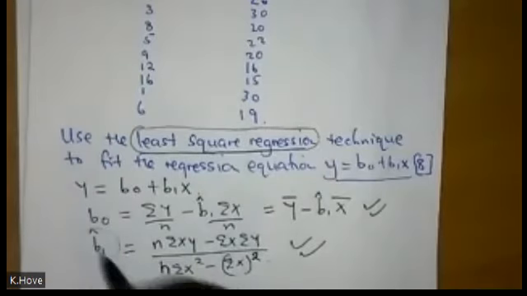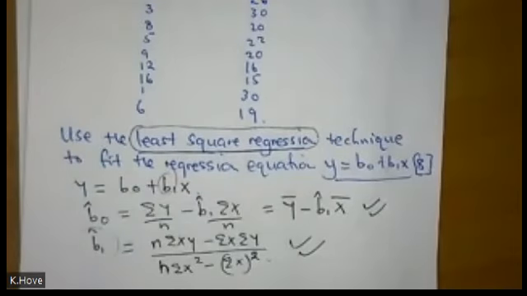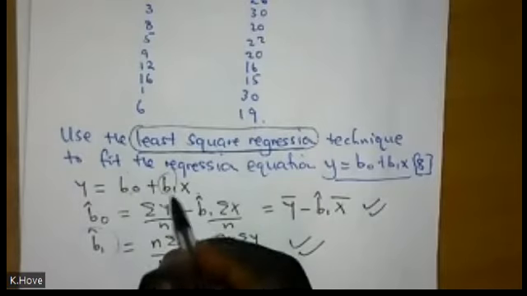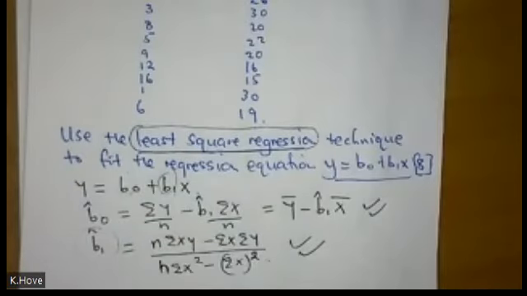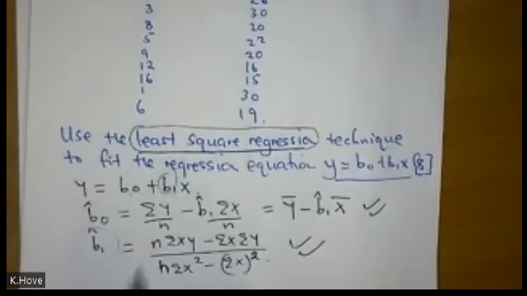You see, beta 1 hat is an estimate of beta 1. So beta naught hat is an estimate of beta naught. So the beta naught and beta 1, without a hat on top, are called the population regression coefficients. So you need to use the sample regression coefficients to estimate the population coefficients. So these are the least squares regression formulas that you must use to estimate beta naught and beta 1 given a particular data set.